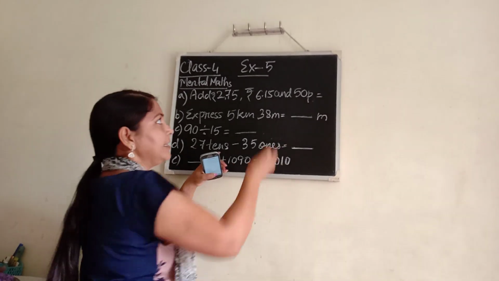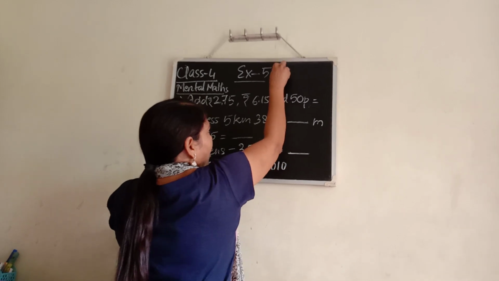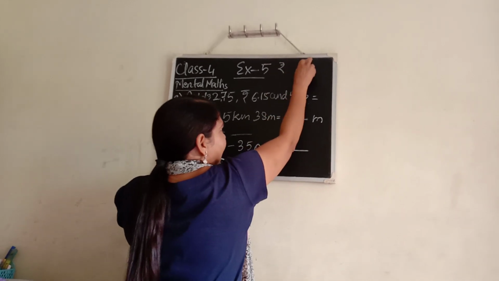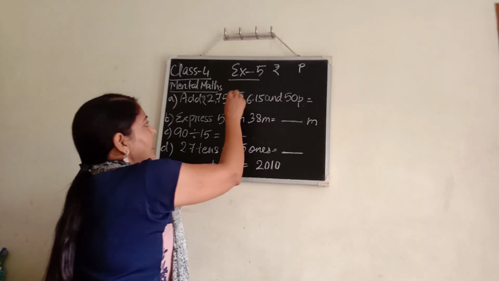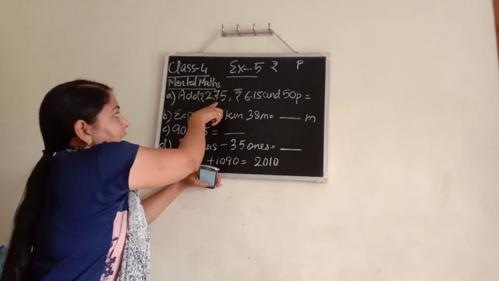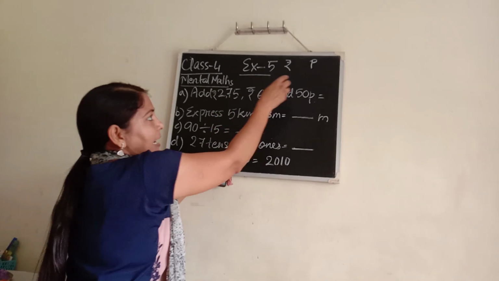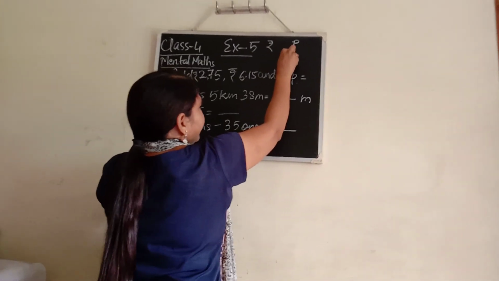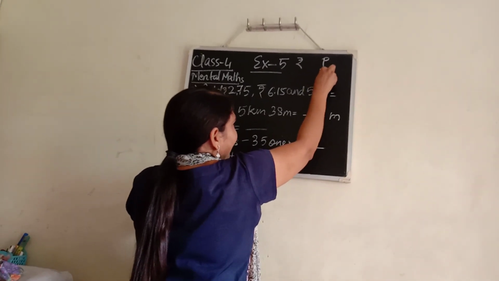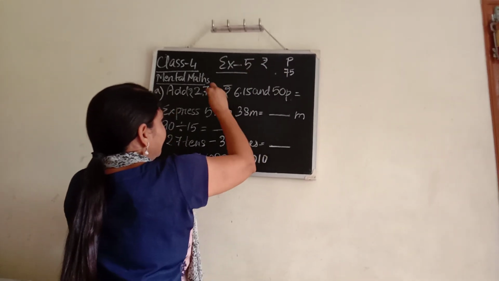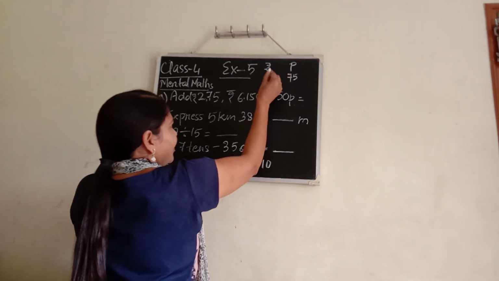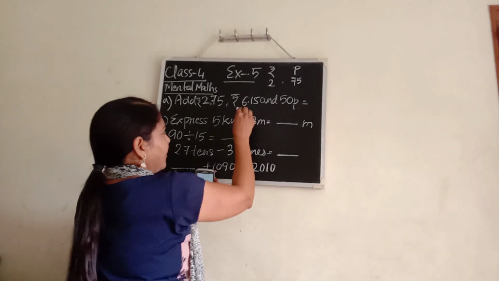How will you add? First of all, you write on top rupees and paise. Okay, these two columns you make. Now after the decimal, that will come under paise. So 75 is under paise and here we will put one decimal point, and rupees we will write under the rupees column.